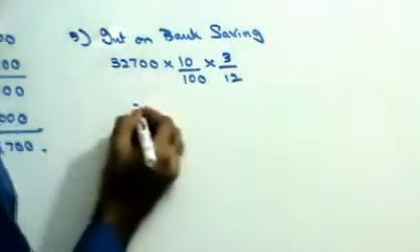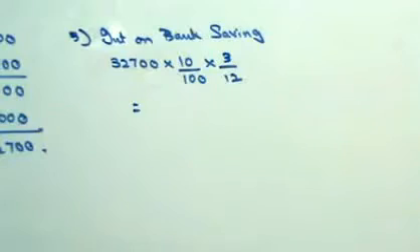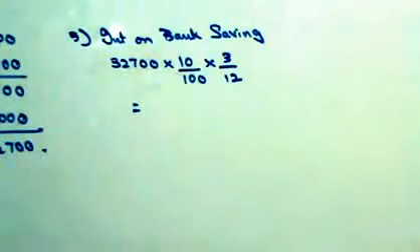Someone please help me calculate this interest. 817.5. For 3 months. Yes, for 3 months. 32,700 in 9,000. 817.5.